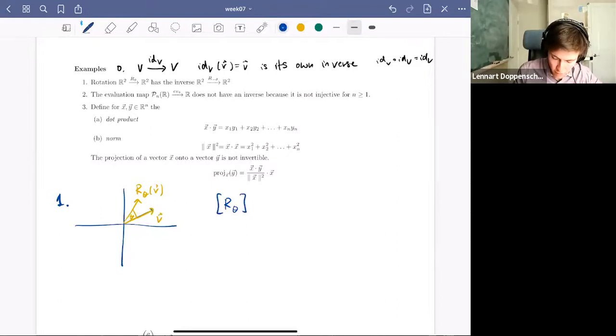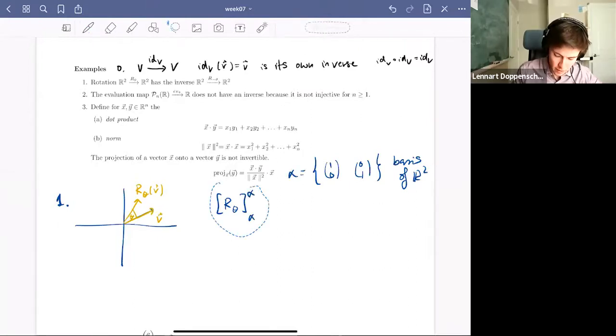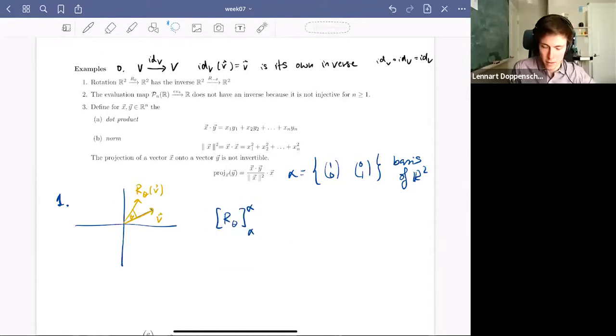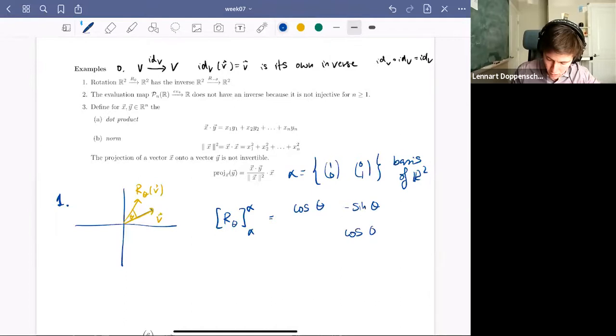If you have the standard basis of R2, 1, 0 and 0, 1, then in this basis the matrix representing this, which is not something I can tell you without computation, you can verify this, there's a way to prove this, but I don't want to prove this right now, would be cosine theta, minus sine theta, sine theta, cosine theta.